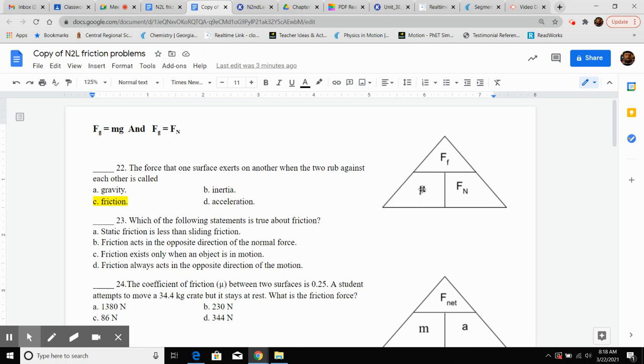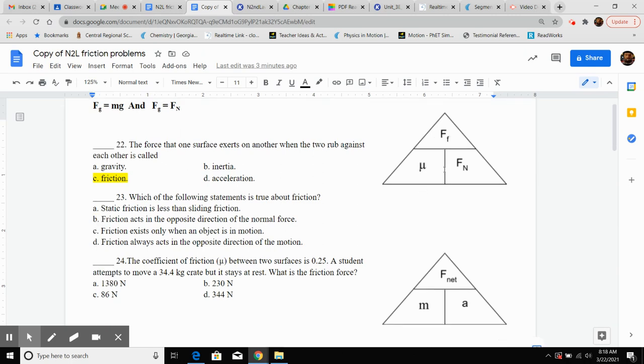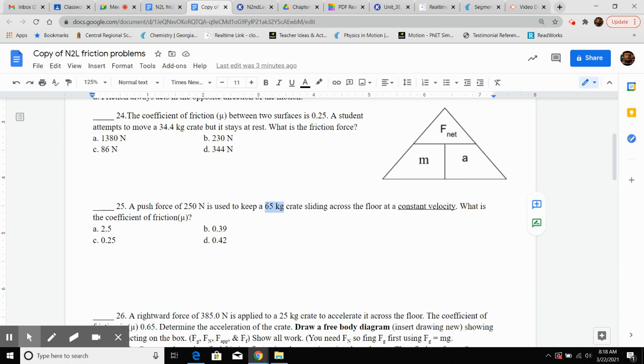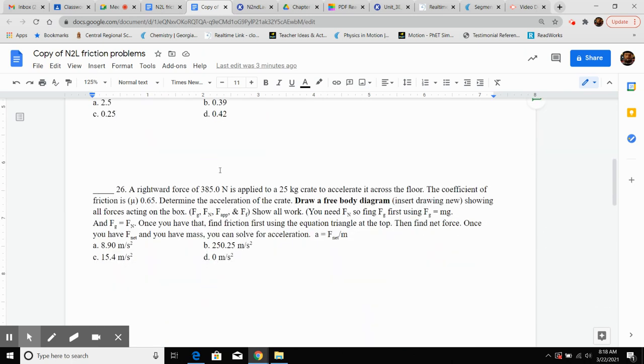All right, the coefficient. So if I cover this up, I need those 2 things. So it'd be like the 250 divided by whatever 65 times 10 is. 650. And highlight your answer. Okay.